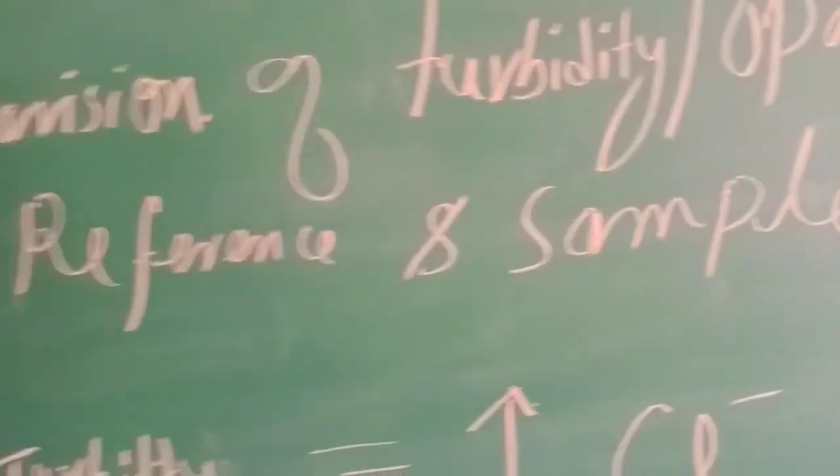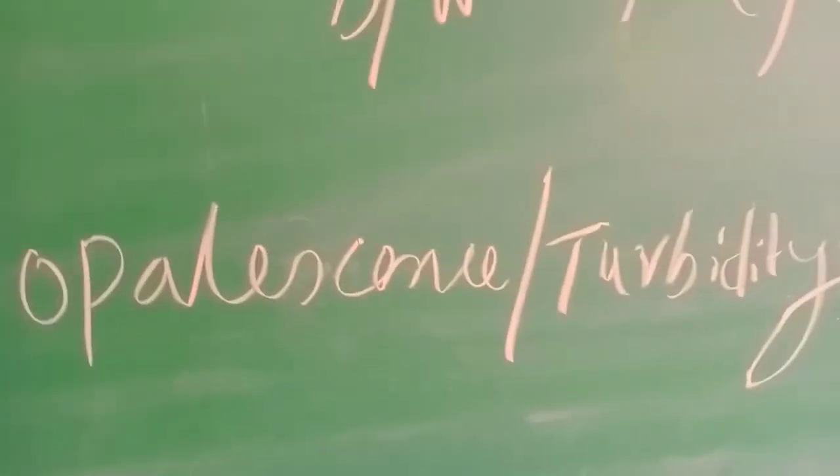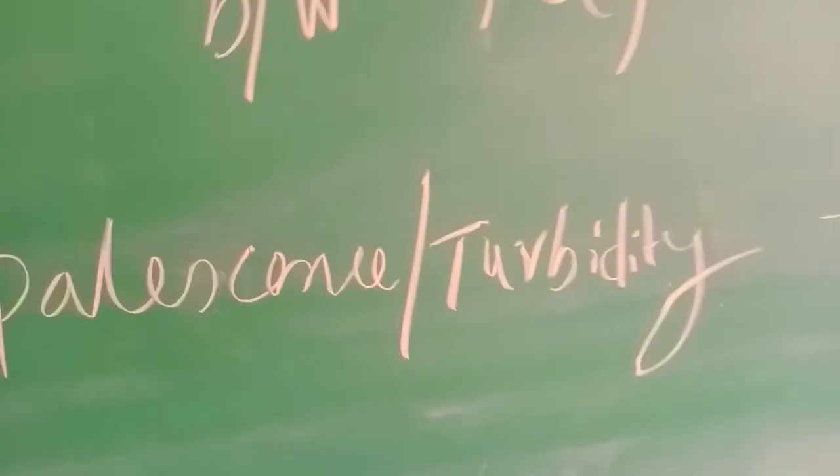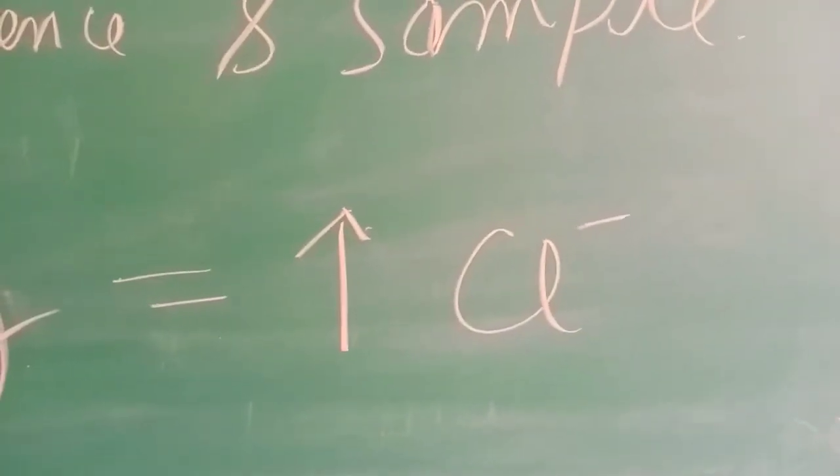So on the basis of opalescence or turbidity, we can determine the quantity of chloride present in the sample.